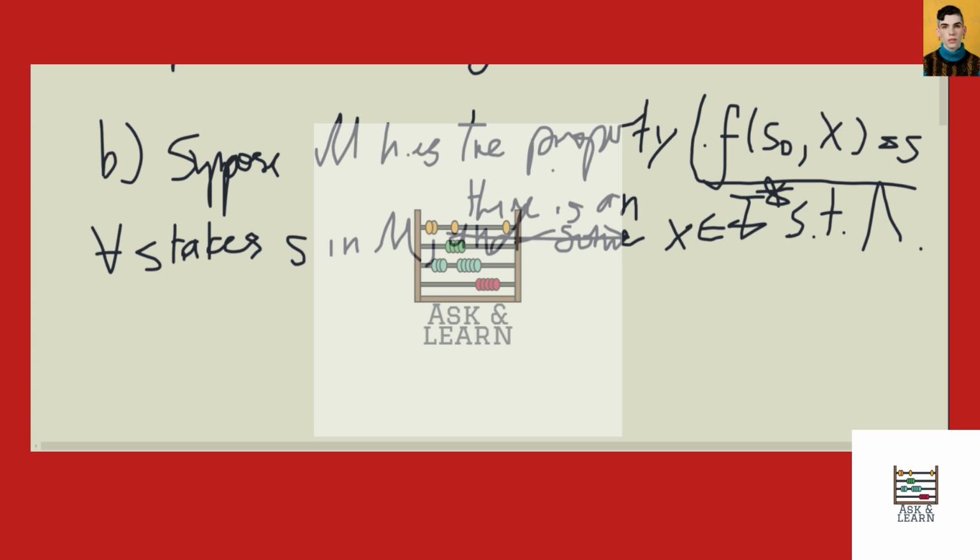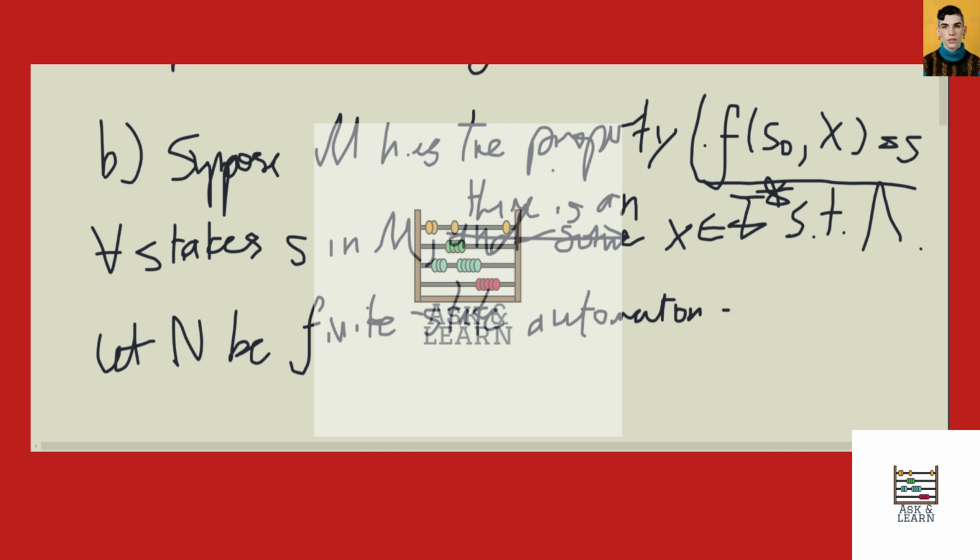And now let N be a finite state automaton equivalent to M that has the minimum number of states.